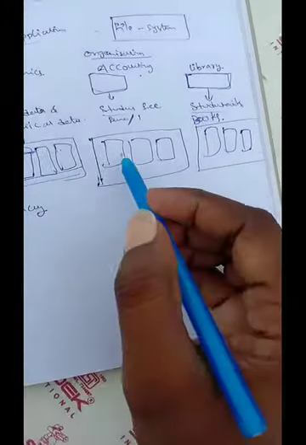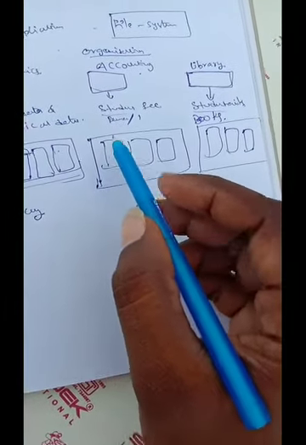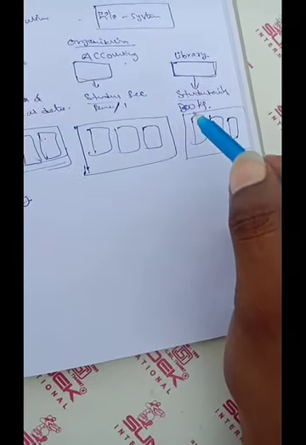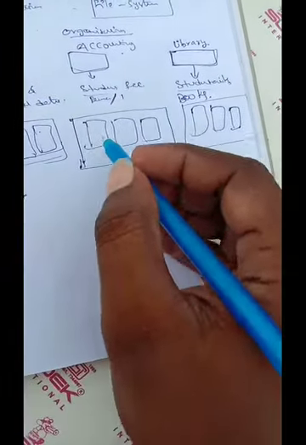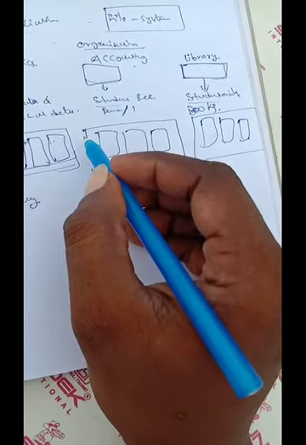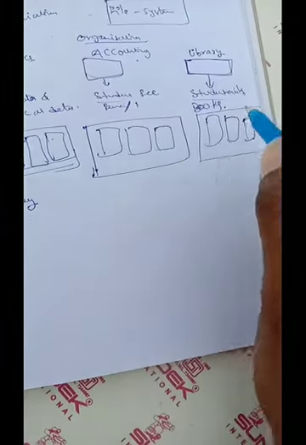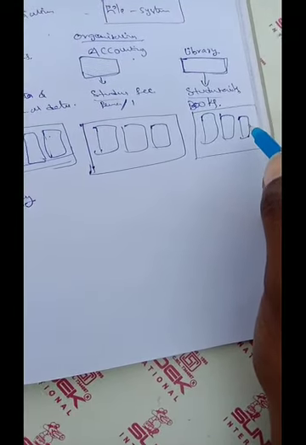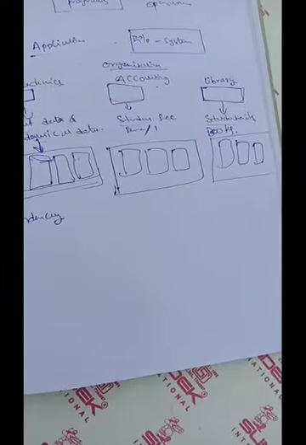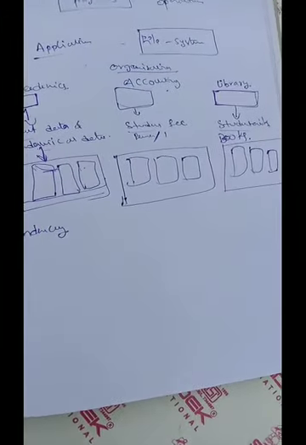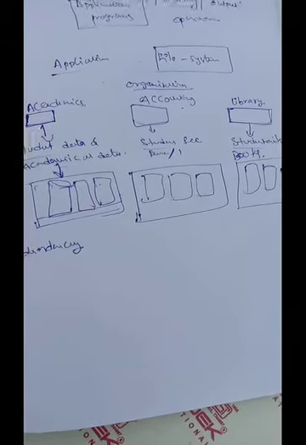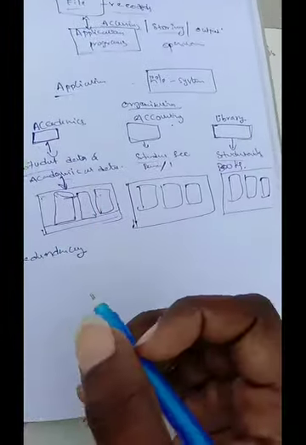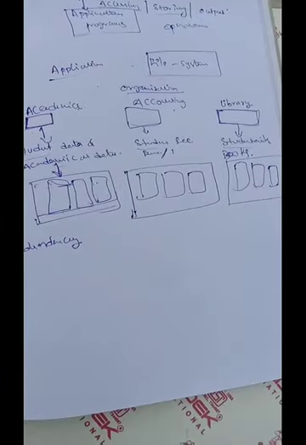So this data is not updated in accounting and library. The student has to give the changed information to those two applications as well, and so the redundancy is maintained across all three applications.